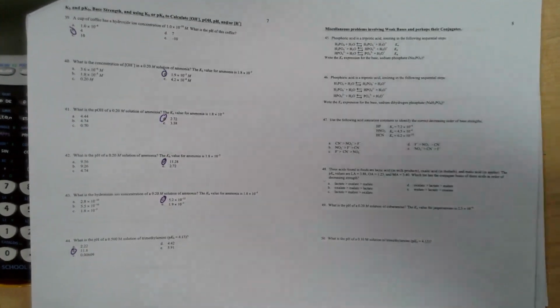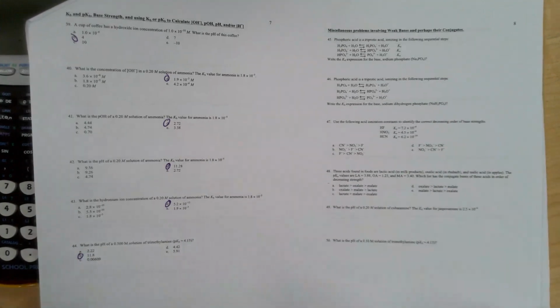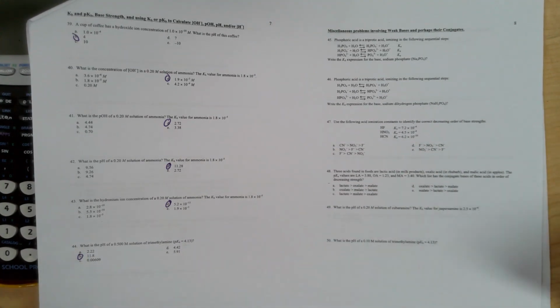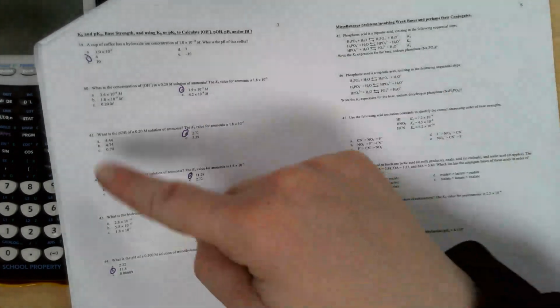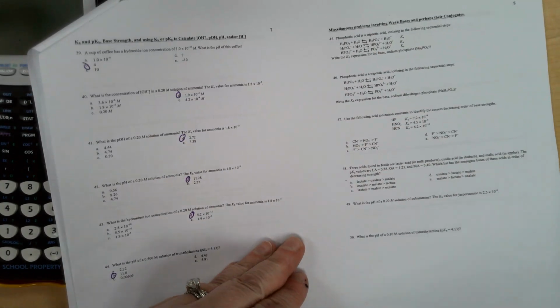Because if you rely too much on me walking through it step by step, you sometimes don't get that practice. The Kb is a good section though, because sometimes you have that extra step of first doing it all with your bases and then working backwards to get your H+. So let me make another video quickly going through and giving you hints on how to do these, so that hopefully you can attempt them on your own.